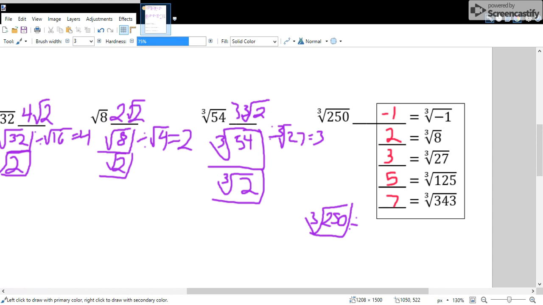So let's try the next number. 250 divided by 27, which is also a decimal. So let's try the next number, 125. 250 divided by 125. That gives you 2. So that works. That's left over. The cube root of 125 is equal to 5. So our answer is 5 cube root of 2.